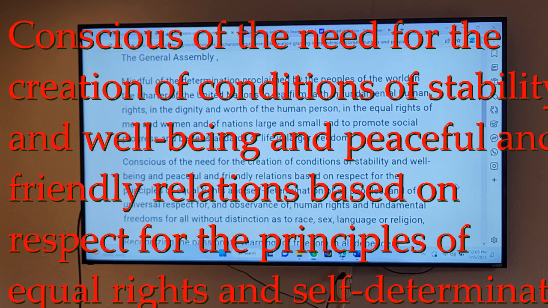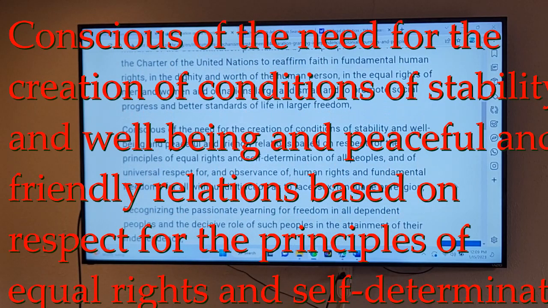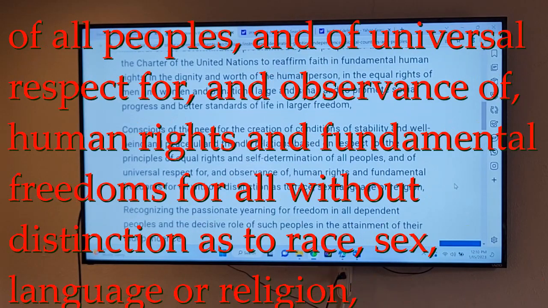Conscious of the need for the creation of conditions of stability and well-being and peaceful and friendly relations based on respect for the principles of legal rights and equal rights and self-determination of all peoples, and of universal respect for and observance of human rights and fundamental freedoms for all without distinction as to race, sex, language, or religion.